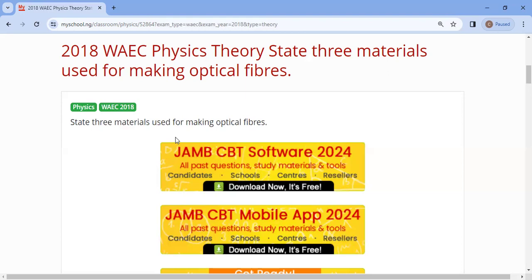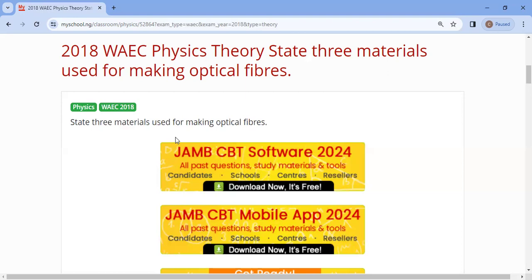Number 2, it is used in defense, that's the military.